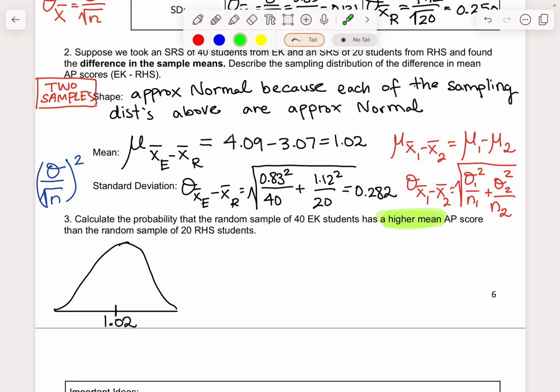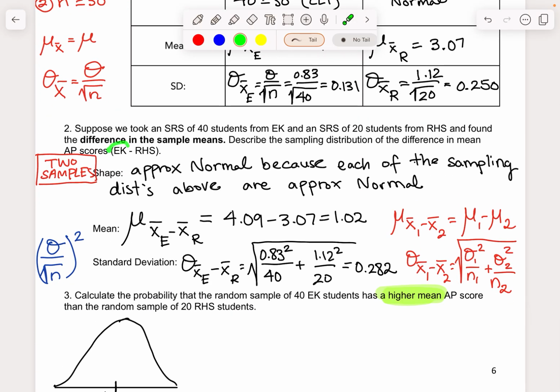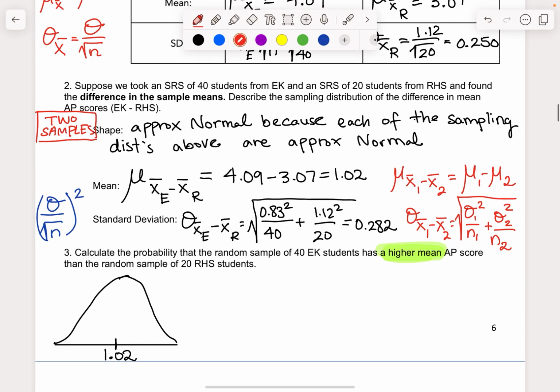Okay, where higher? So what we want to see is that the mean for EK is higher than the mean for RHS. For one thing, the direction of subtraction matters a lot. We're subtracting EK minus RHS. So anytime that the result of this subtraction is positive would indicate that EK was having a higher mean. In other words, what we need to look at is everything above 0.